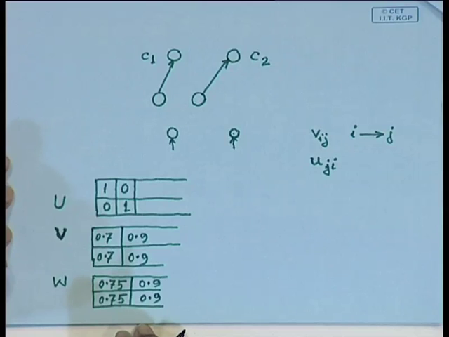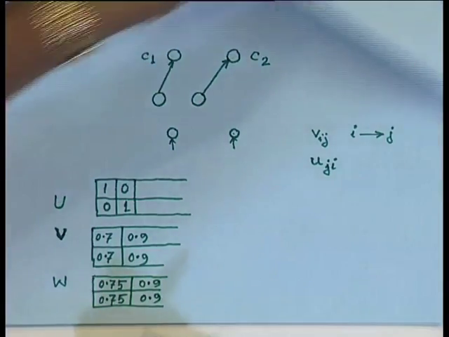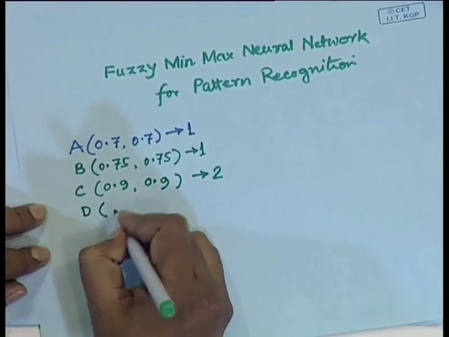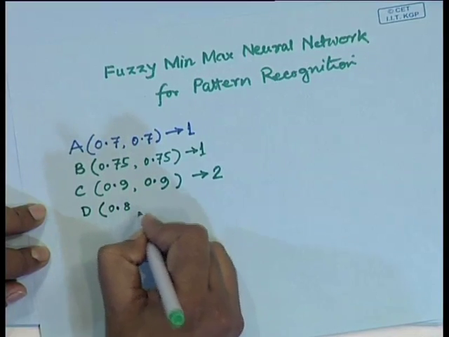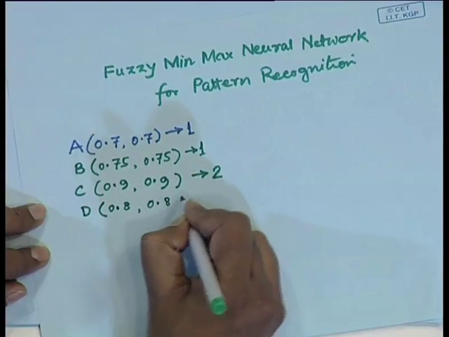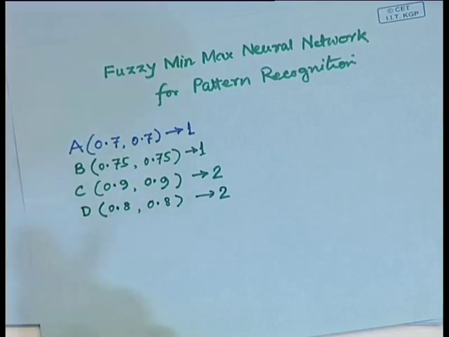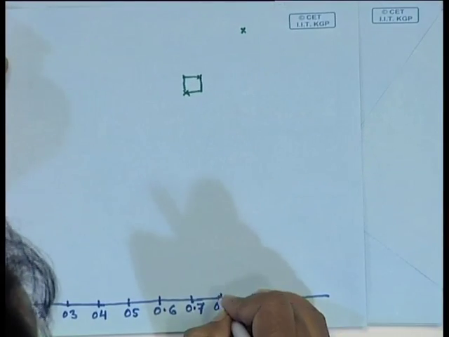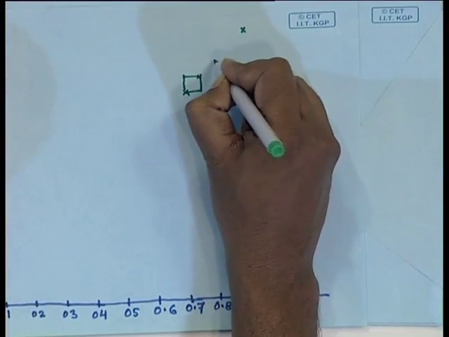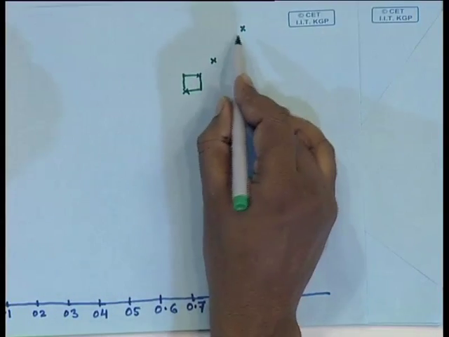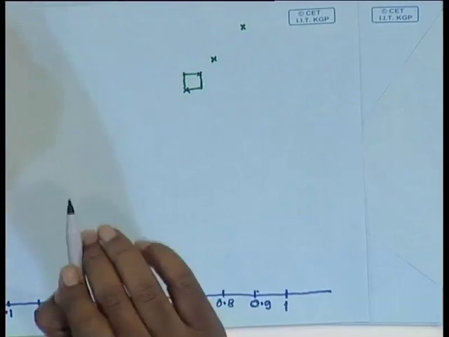Now, I consider the third point, where the third point is D, and it is 0.8, 0.8, and this also belongs to class 2. So, corresponding to this, I have 0.8, 0.8 somewhere over here, and suppose I can expand this hyperbox to include this also.